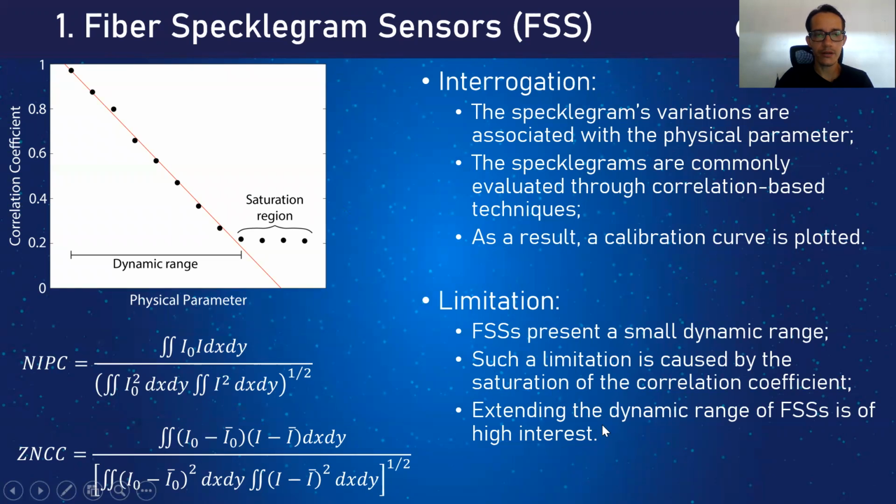However, in spite of the high sensitivity, this sensor has a limited dynamic range due to the saturation of the correlation technique. As we can observe in this graph, the region of saturation makes the calibration curve lose its linearity.